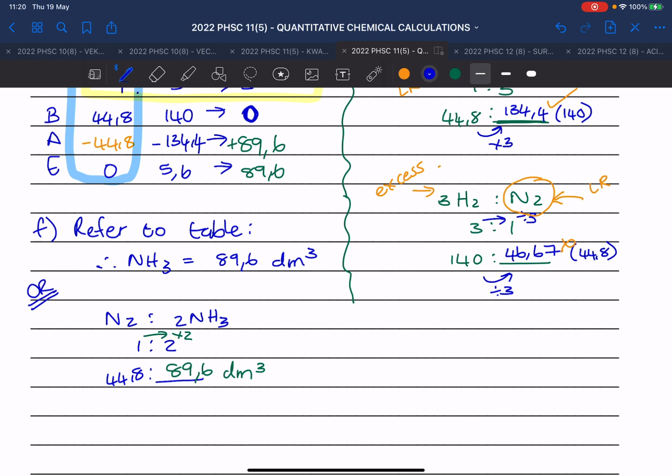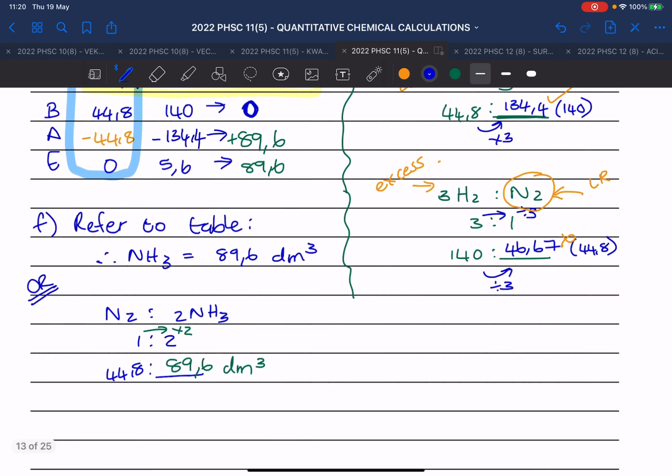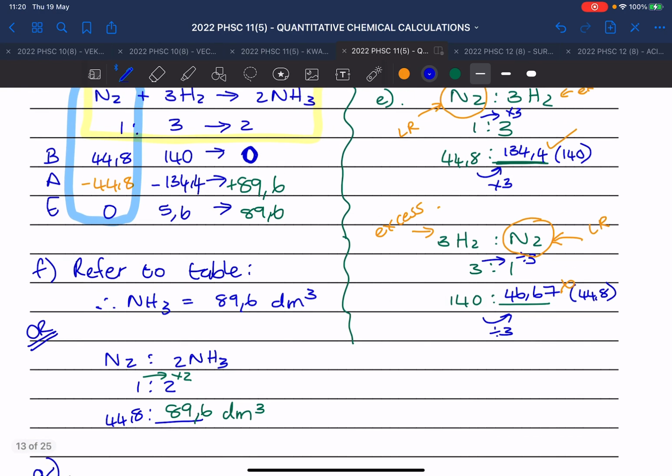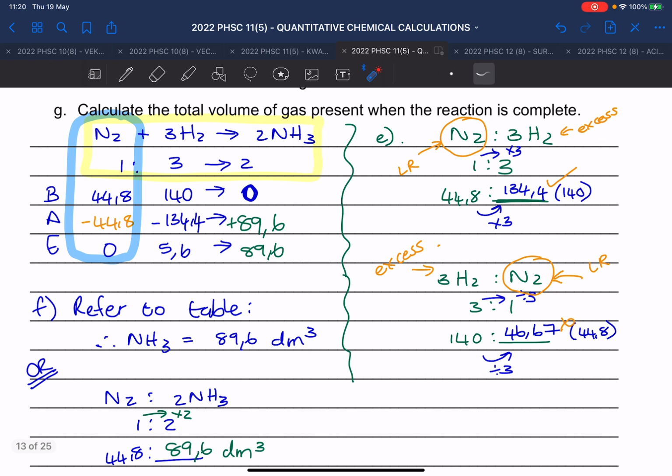Alright, and then question G. With question G, they ask, calculate the total volume of gas, they don't say which gas, so all the gases present when the reaction is complete.